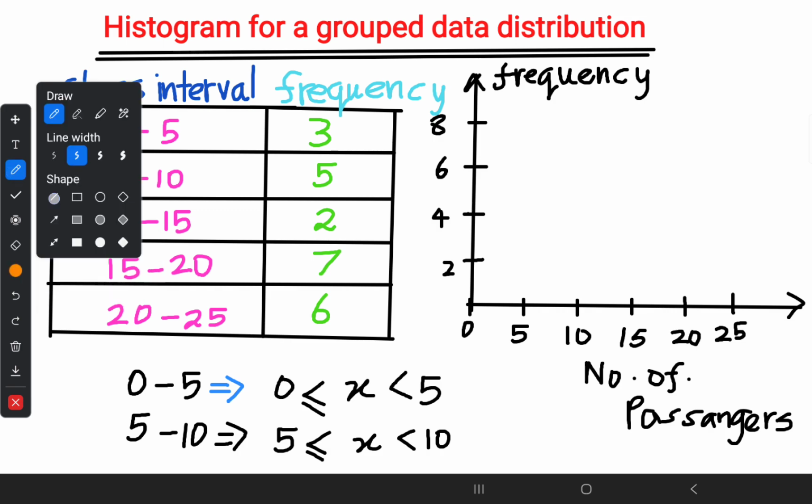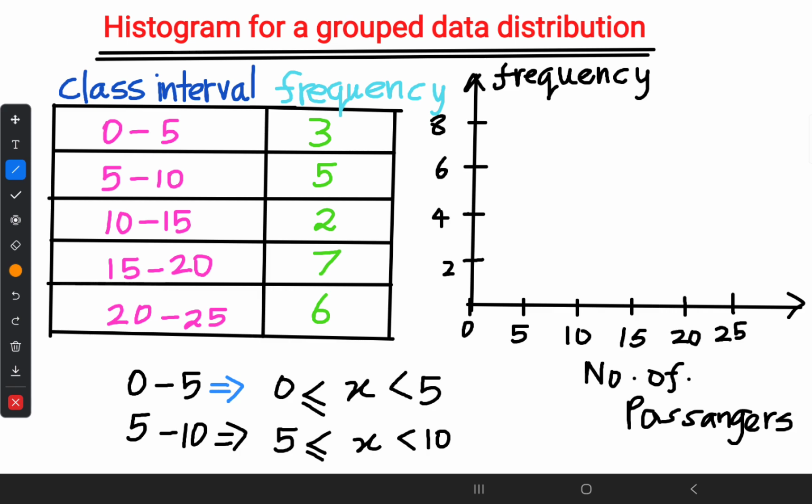Starting from 0 to 5, in that interval there are 3 passengers, so the frequency is 3. So for 0 to 5, here 3. Thereafter 5 to 10, it is 5. And thereafter 10 to 15, it's just 2.